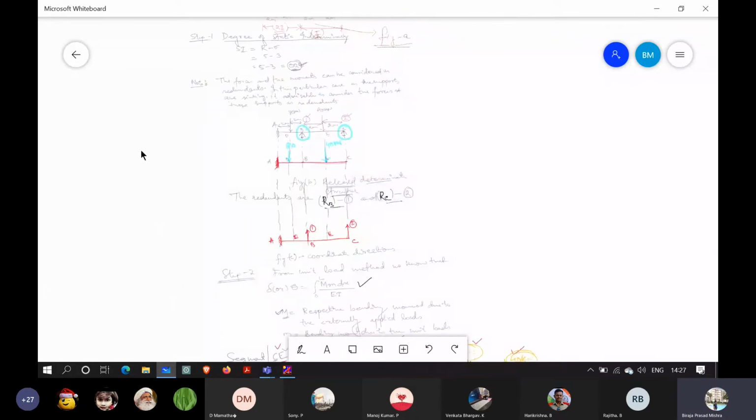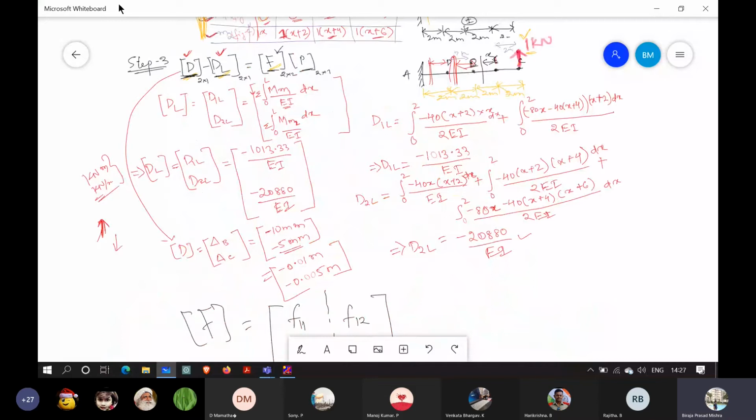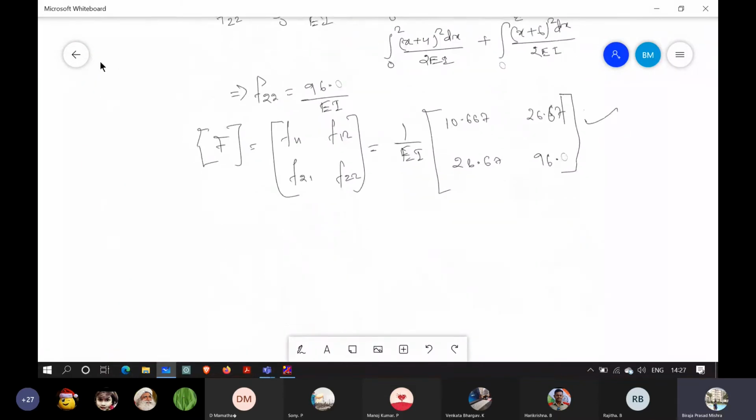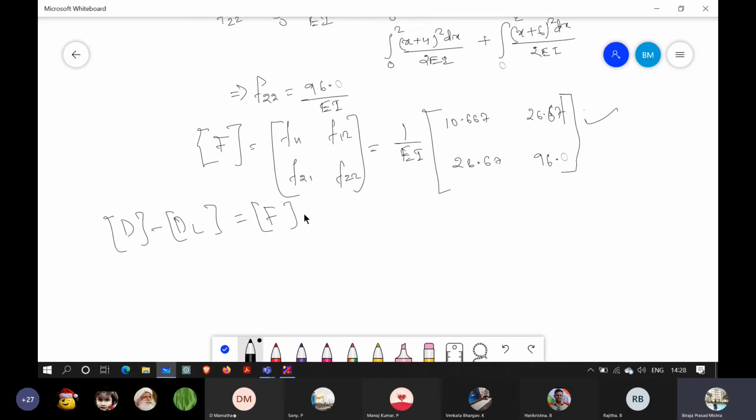So simply what we will do, we will put everything in the equation. We already know that d minus dl equals f into p.